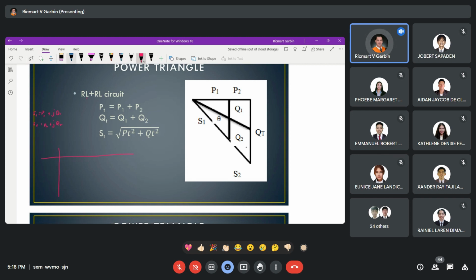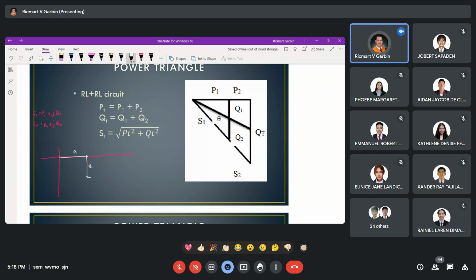Kapag i-graph natin yan, ito yung unang part. Halimbawa, ito yung P1 natin. Tapos, yung Q bababa, di ba? Bababa siya. Ito yung Q1. Tapos, dito sa component method, ito dapat yung unang S. Pero may madadagdag pa.